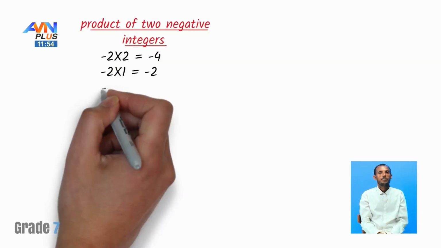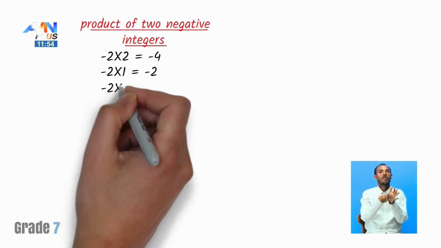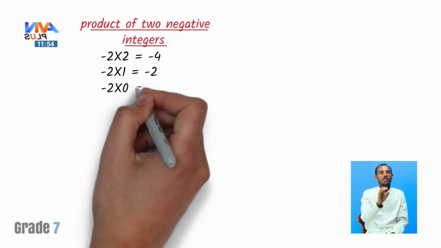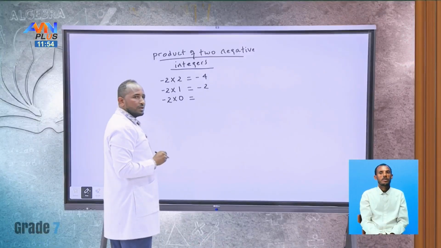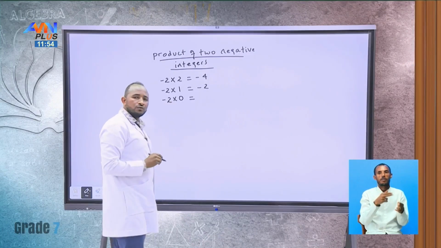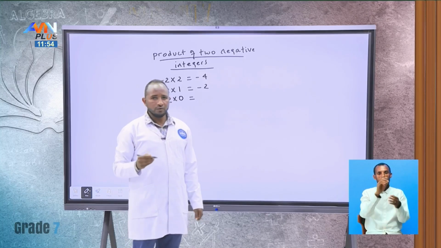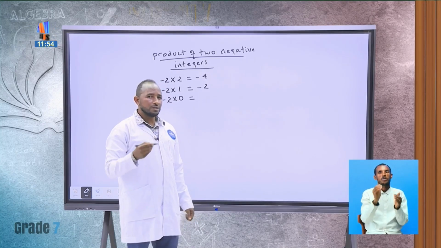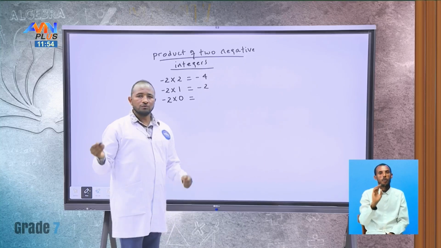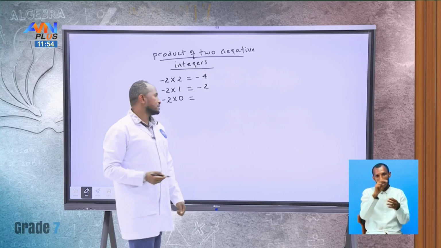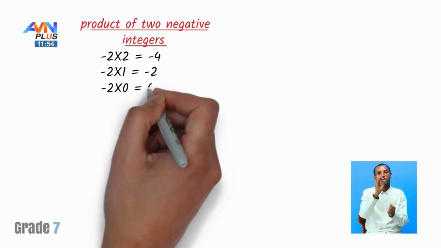Find the product of negative 2 and 0. What will be the product of negative 2 and 0? Good. The answer is 0. We say the product of any integer with 0 gives us 0. Therefore, this will be the answer.